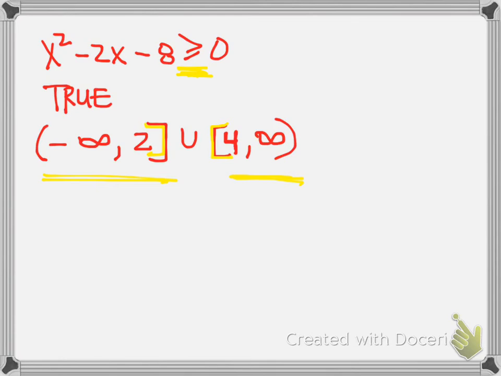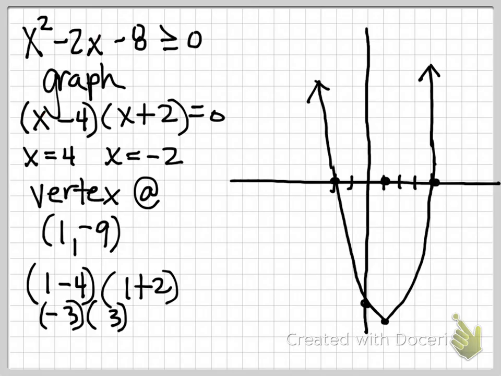Okay. Same problem. I showed you how you graph it. Here's how you graph this problem. This is the same problem, but this is how you graph it. So if you were just trying to decide what part is greater than or equal to 0, this is the part right here.